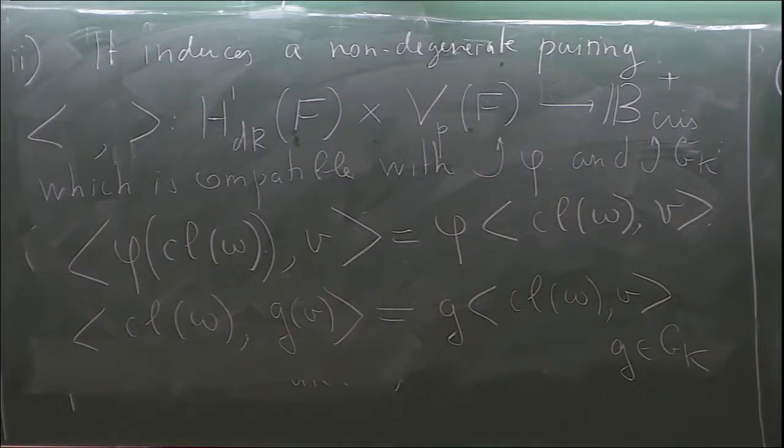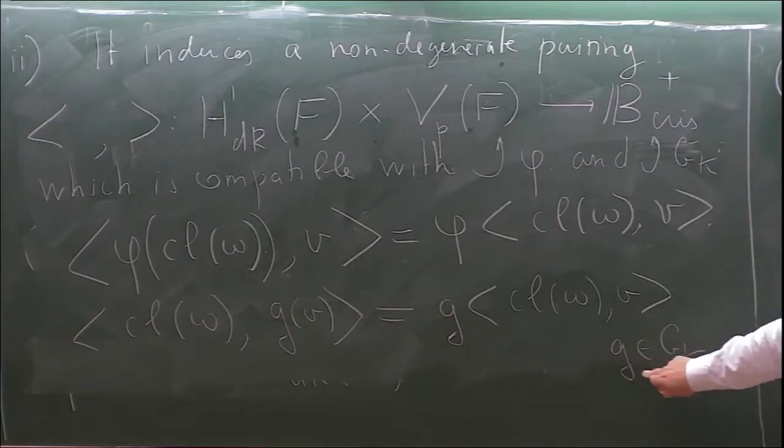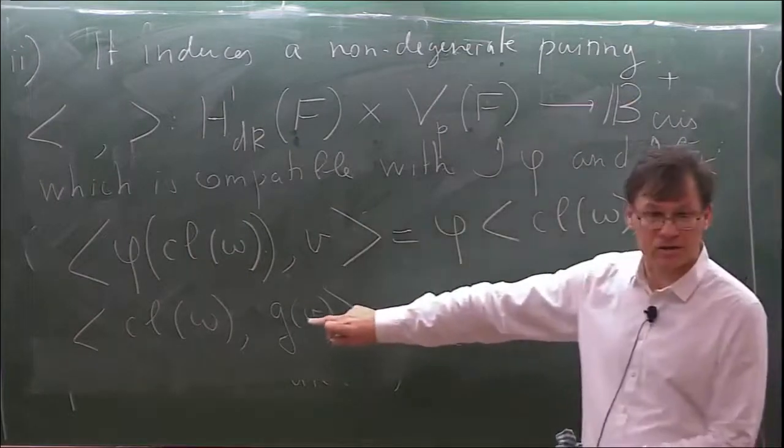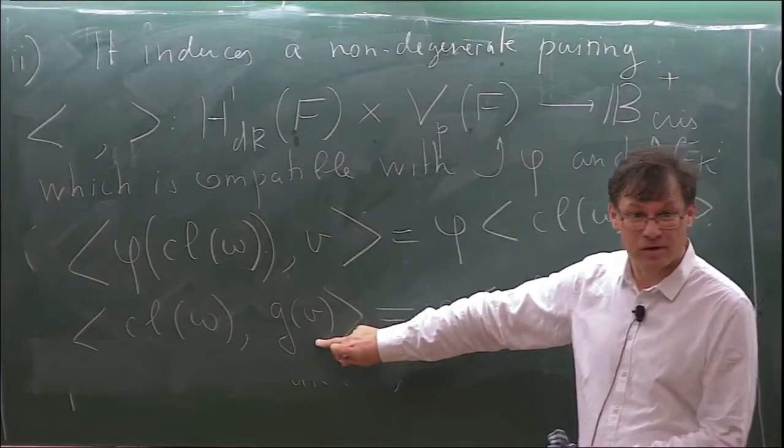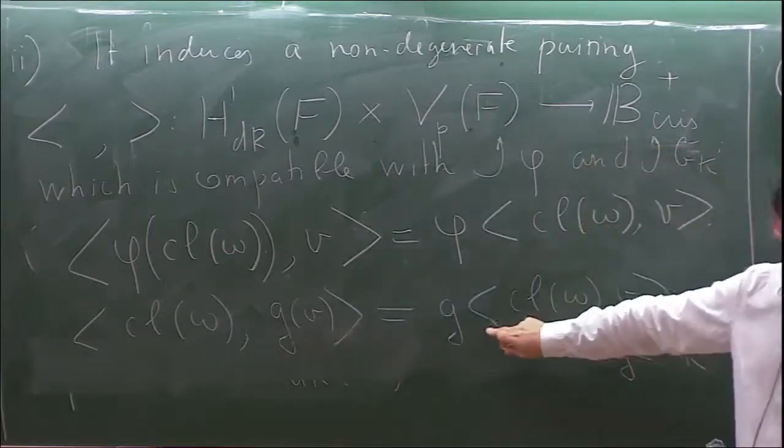You take an automorphism, which acts on the Tate module, and this is compatible with the action on the period ring.